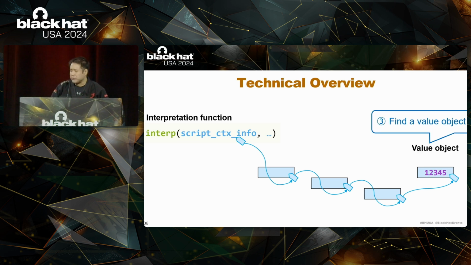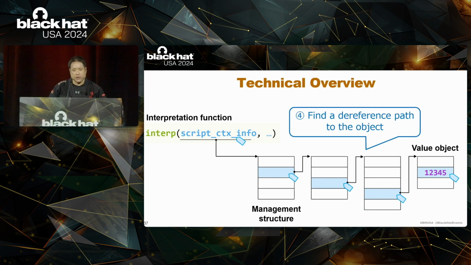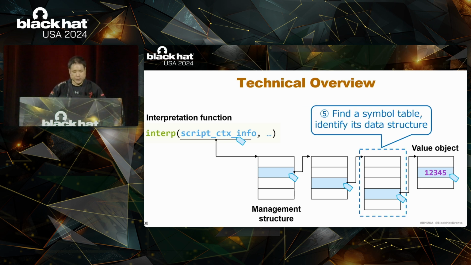In the third step, we find a value object, which is the endpoint of the memory exploration. Now we have the interpretation function and the value objects, which are both sides of the edges. We find the pointer path between them. In the final step, we find the symbol table and identify its data structure. This step eventually enables us to extract symbol tables.